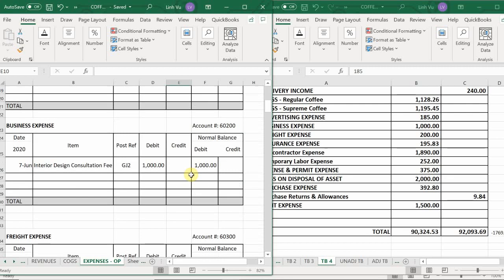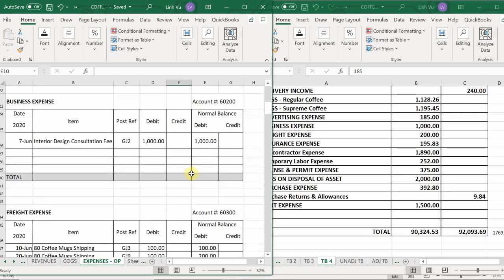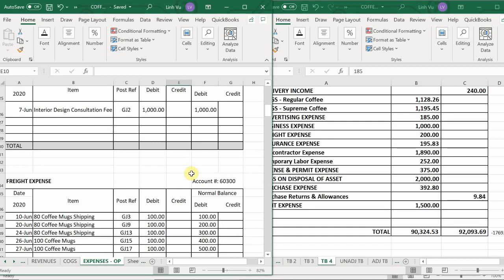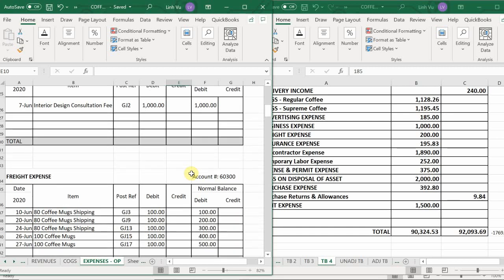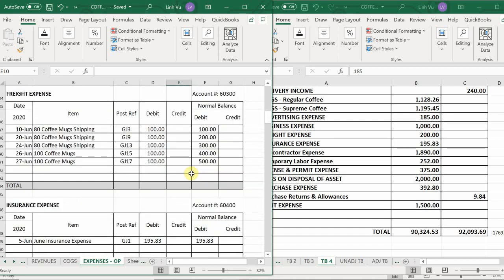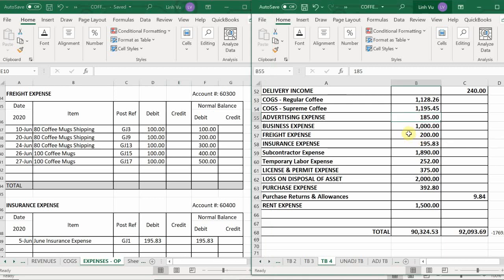We don't have any bank fees yet. Here we have business expenses still at 1,000. Next is going to be freight expense. Freight expense has also increased to $500.